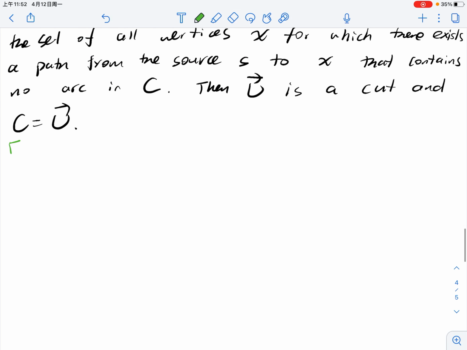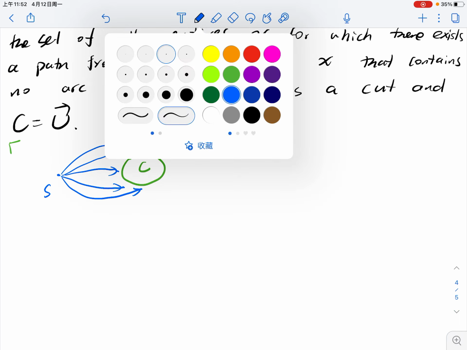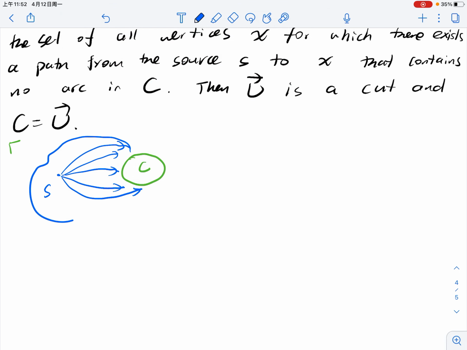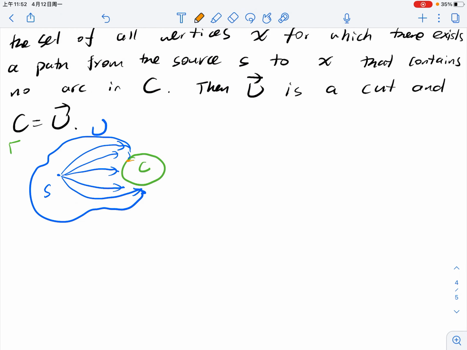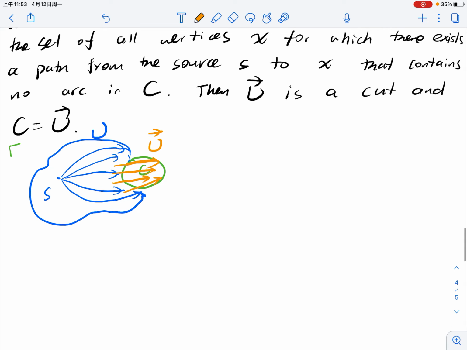So the idea is, suppose you have C, which is a cut, and then from S, you look for all the possible points, and then eventually you will have a set U. Then for a set U, you might have some leaving set, U right arrow, so you conclude C is just this one.